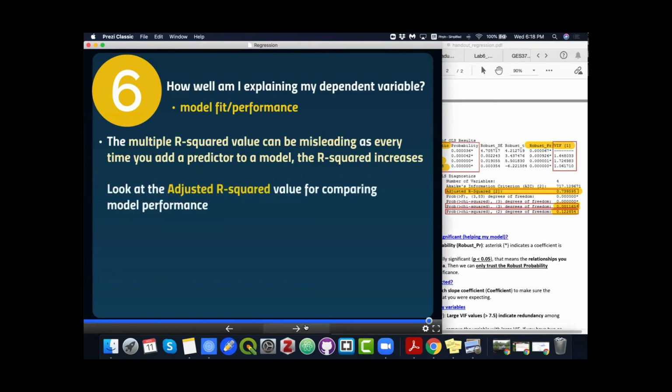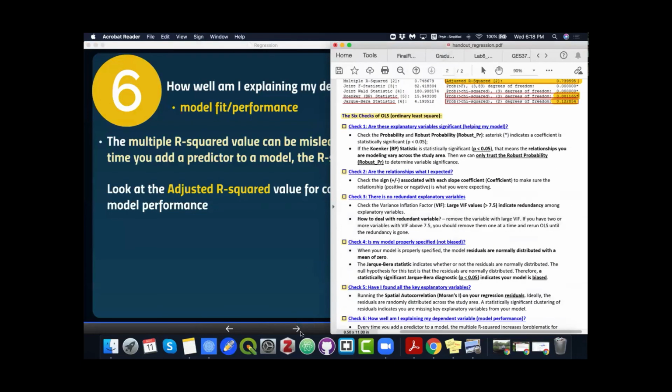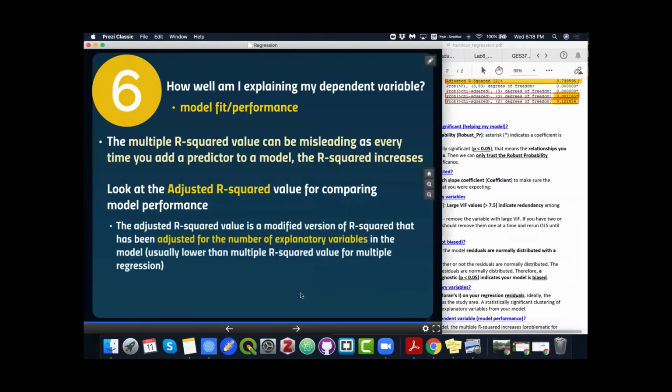The adjusted R-squared value is a normalized R-squared value that removes the impact of the number of explanatory variables. And once again, for check 6, you can just keep in mind to look at the adjusted R-squared value. Today, in the slides, we're trying to go through the equations and the logic.